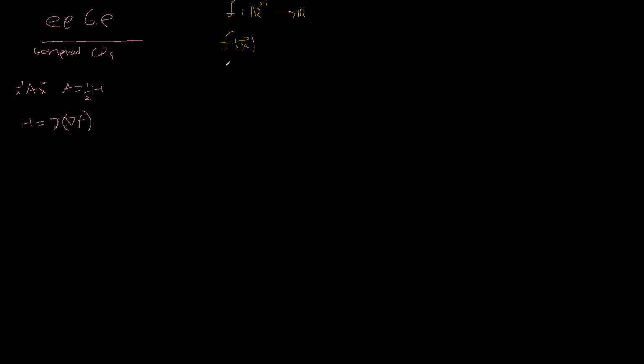I'm going to write L equals f of a, the linear approximation principle, plus the gradient of f at a times x minus a. And here the gradient of f at a equals the zero vector. That's all good, but obviously this is just going to be f of a. That's not helpful.